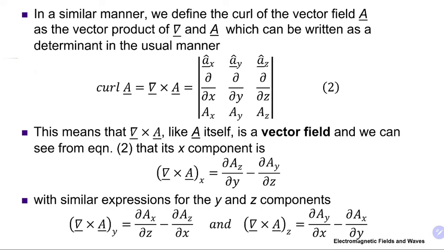And then curl. Okay, so again we use that del operator, cross product with our vector field A, and for the cross product you can use determinants, a 3x3 determinant. First row is the unit vector of each direction, and then second row will be the coefficients of the vector of the del operator, which is the partial derivative with respect to x, y, and z.